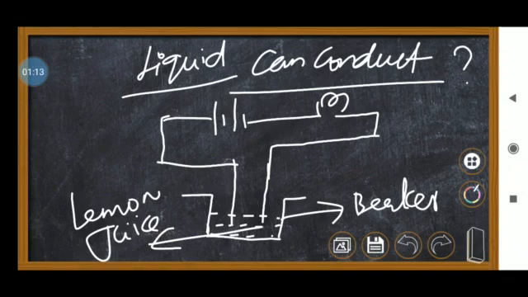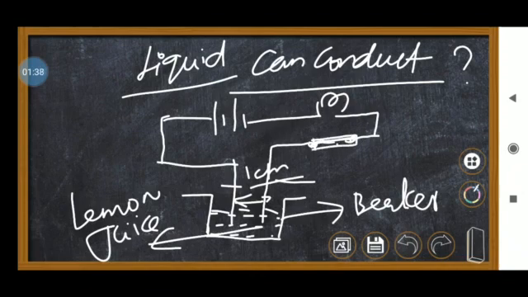Make sure that both wires, this wire and this wire, are dipped into the lemon juice. The distance is not so far, it should be 1 centimeter apart between the two wires. Here you just connect the switch also, then it will be very easy. So connect the switch.